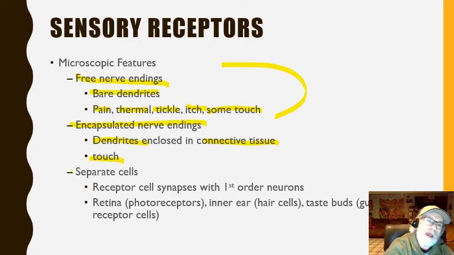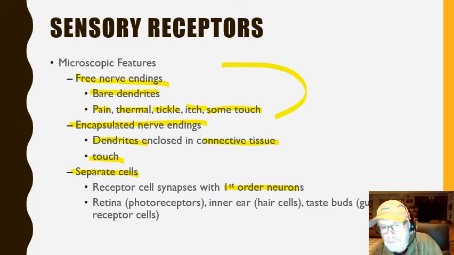And then we also have some sensory receptors that are called separate. They're separate from anything else. Basically, they're receptors that synapse with a neuron. In other words, these receptors are separate. They're not part of that nerve, but they have a stimulus or an input on what's called a first order neuron, the first neuron right next to that.